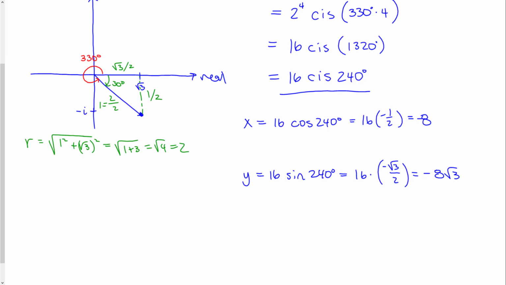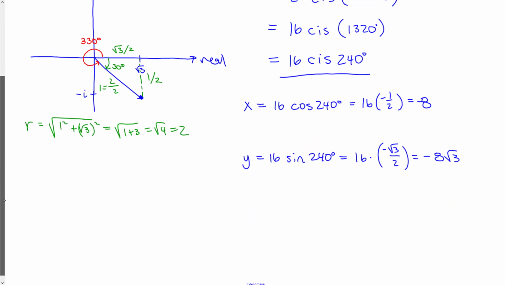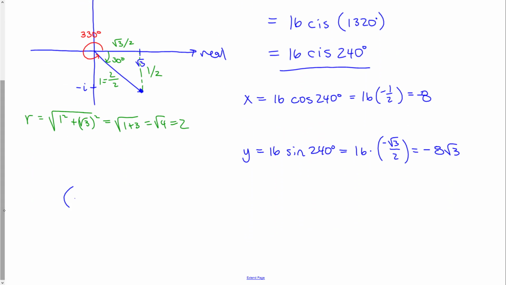So that means in rectangular form, (√3 minus i) to the 4th power is equal to -8 minus 8i√3.